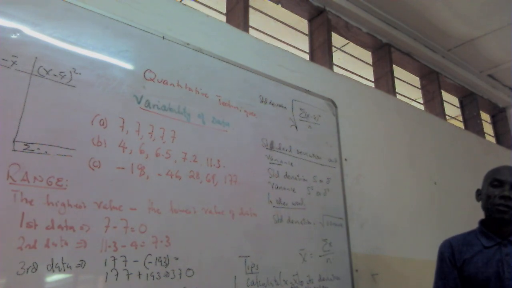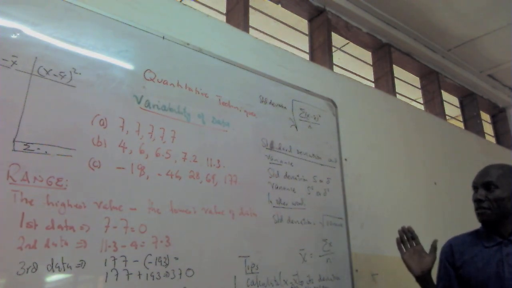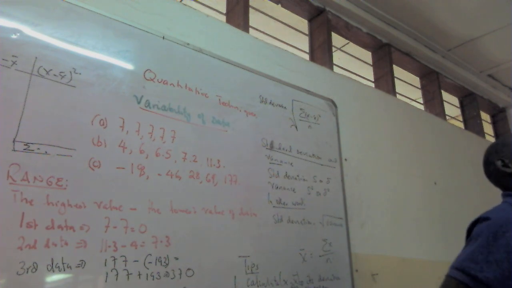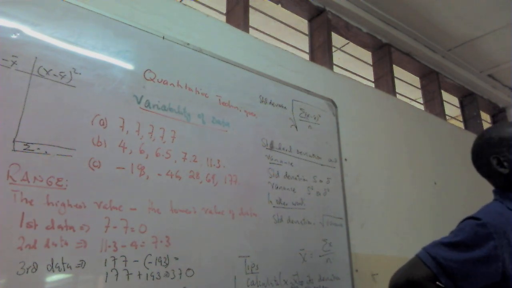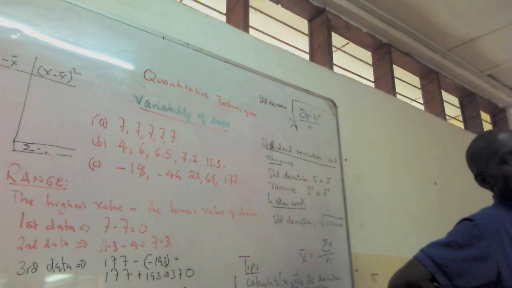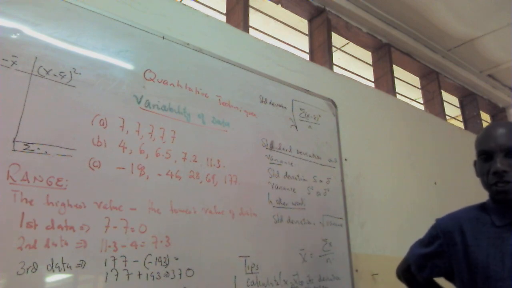Then, these are the tips for you to get standard deviation. Let's look at the five data that I gave you. Let's find standard deviation for the 5 data that I gave you.